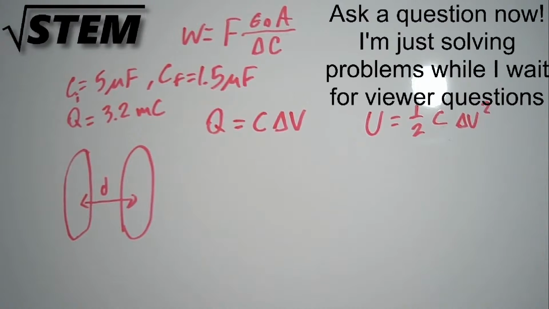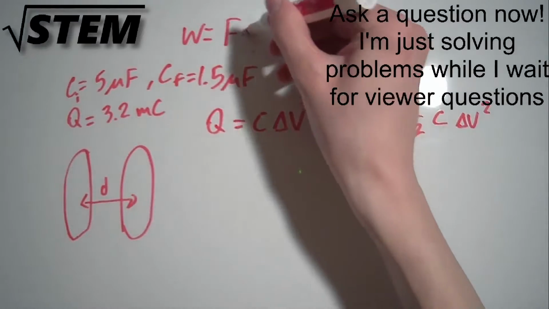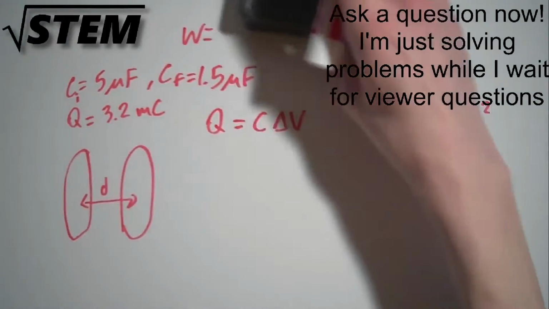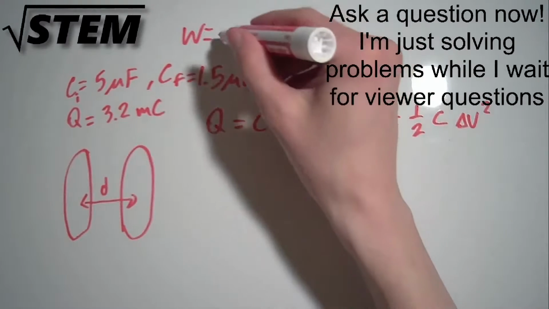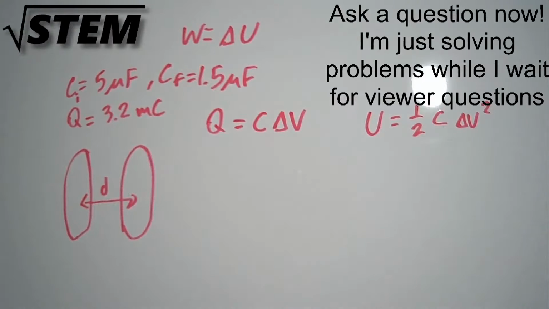So then we don't need to worry about work being force times a distance. We're going to say that work is equal to the change in this potential energy. So let's look at that.